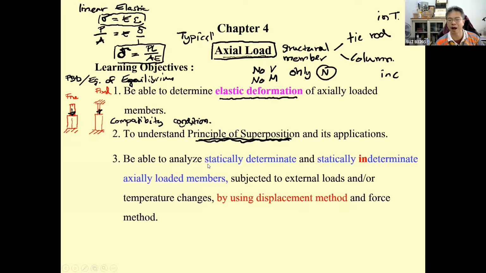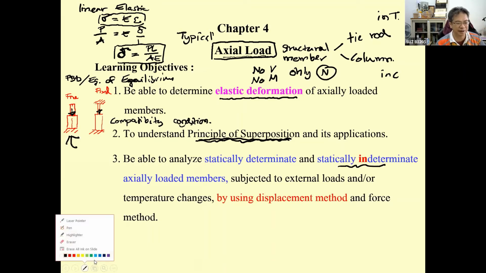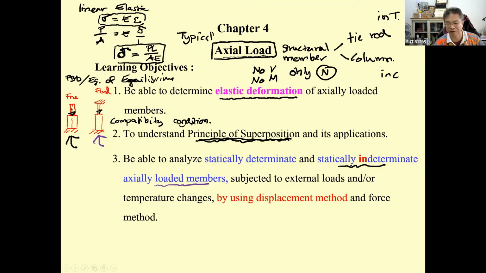And then we will analyze statically determinate, that is going to be this one, and statically indeterminate. That means we're going to solve for this kind of structure subjected to axial load.